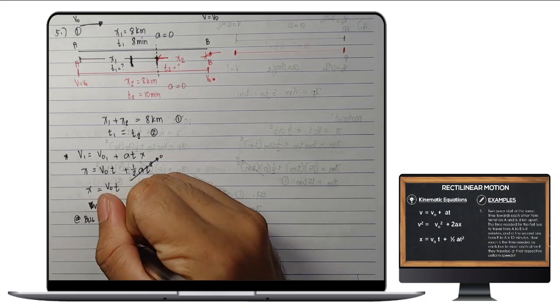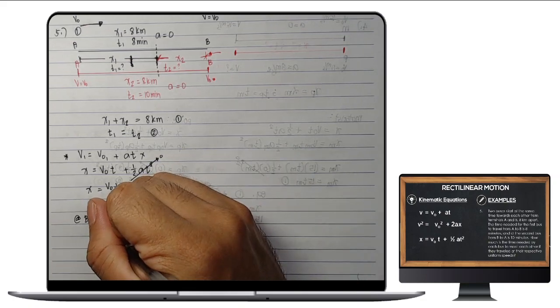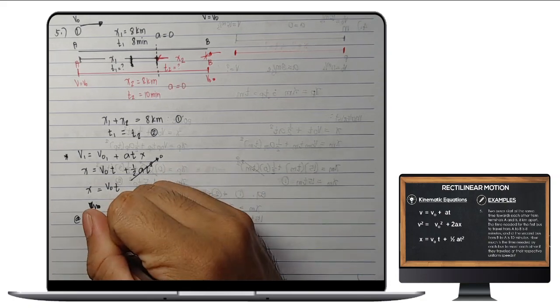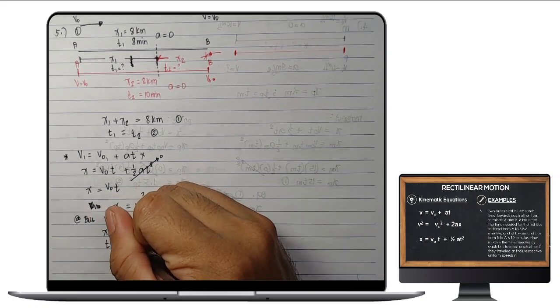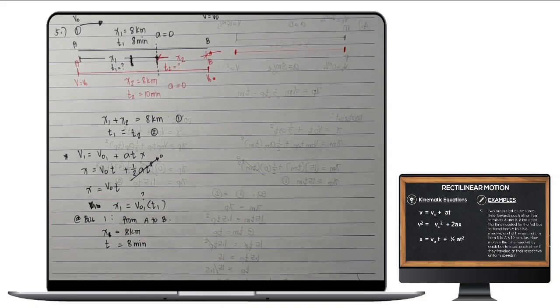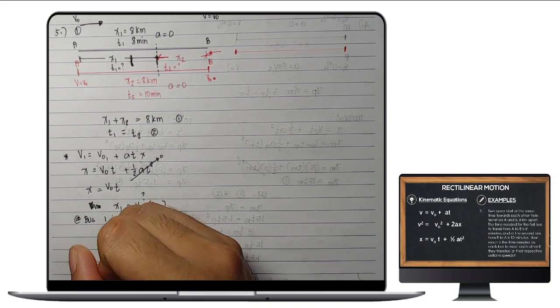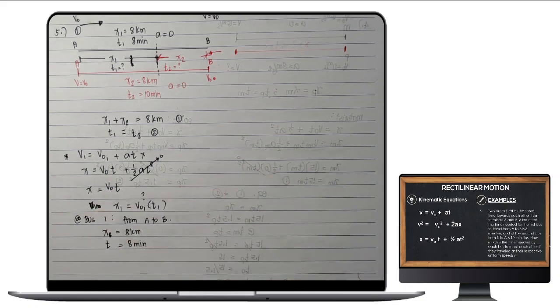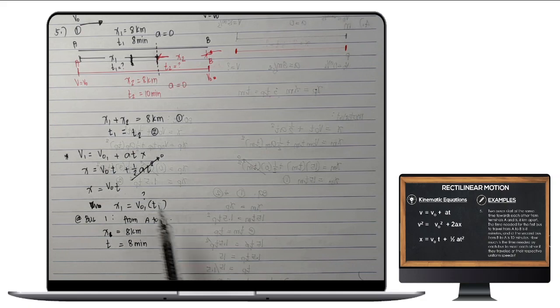So bus 1 from A to B: its x is 8 kilometers, then its time is equal to 8 minutes. Therefore, from A to B, using the equation again, x is equal to V0 t plus 1 half AT squared.